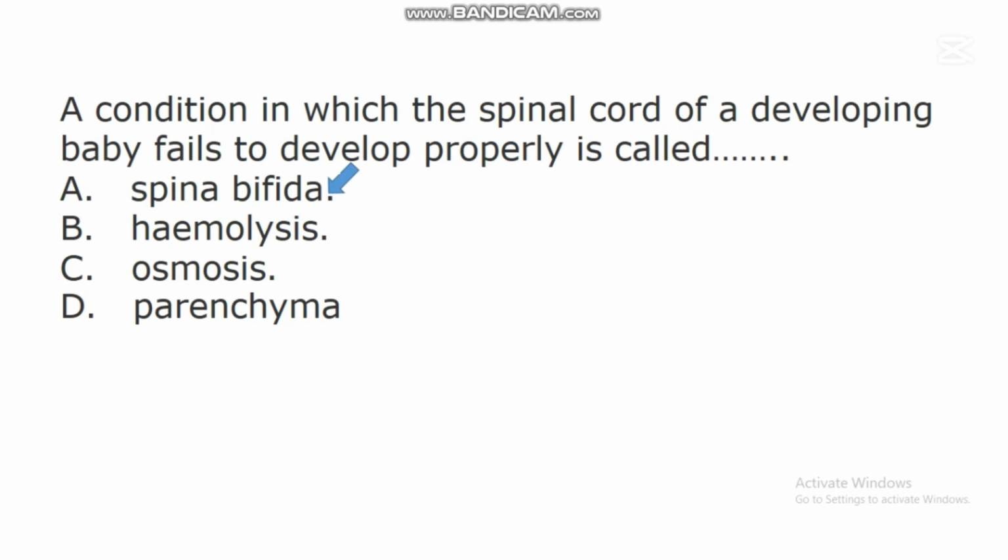Spina bifida is a condition in which the spinal cord of a developing baby fails to develop properly. When this occurs, that baby will experience a lot of problems when he or she is born. So a situation whereby the spinal cord of a baby fails to develop properly during the development of that baby in the womb is best described as spina bifida.